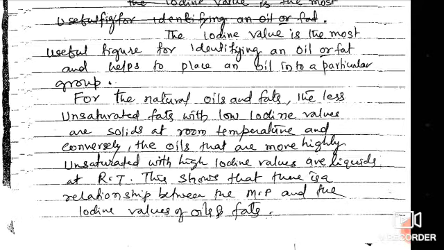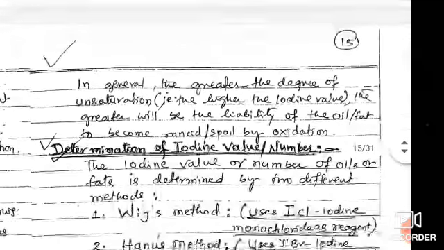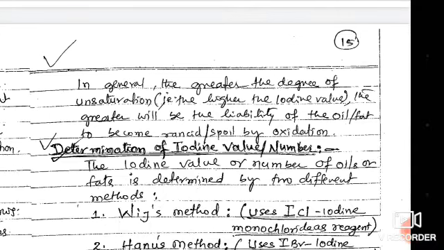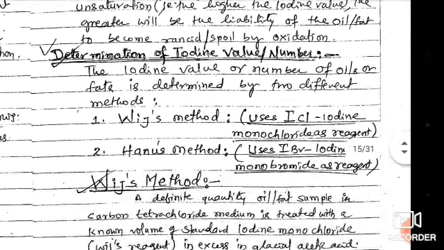Let's see how this iodine value is determined by using the practical method. In general, the greater the degree of unsaturation, the higher the iodine value, and the greater will be the liability of the oil or fat. Determination of the iodine value or iodine number of oils and fats.